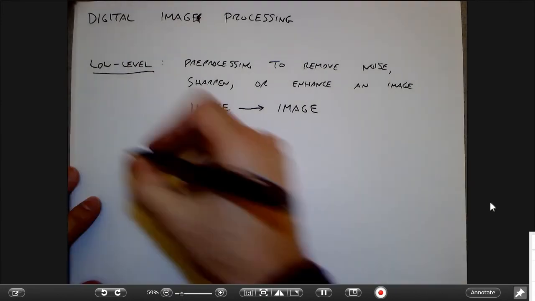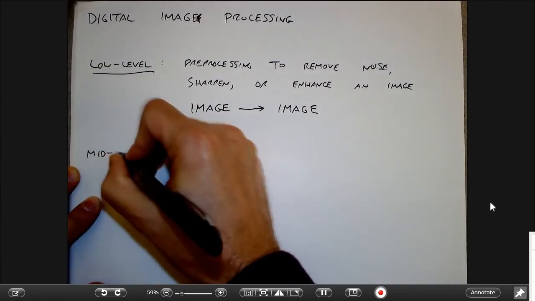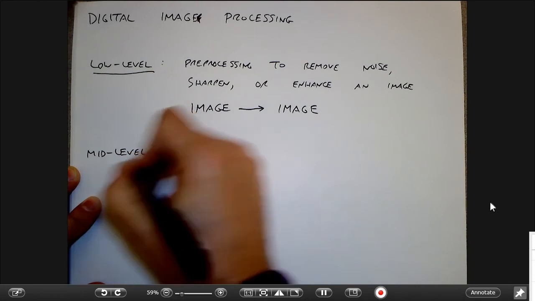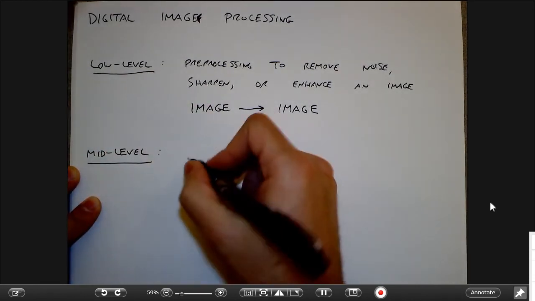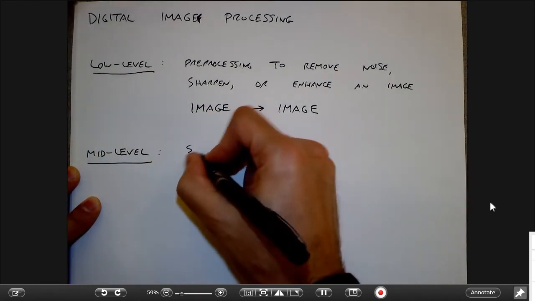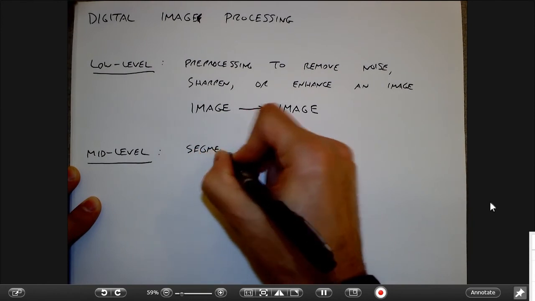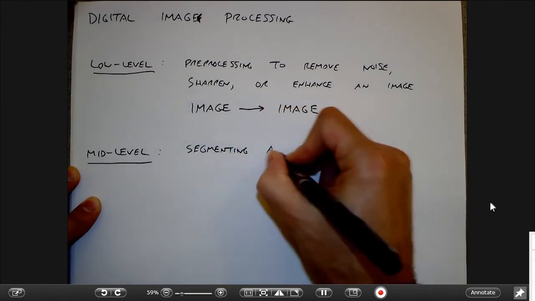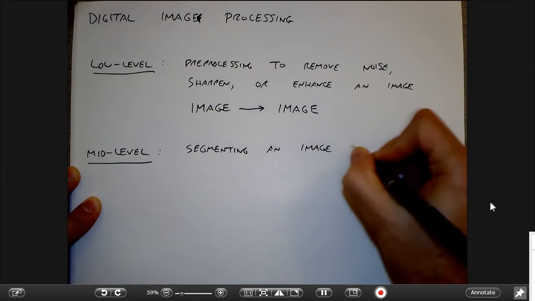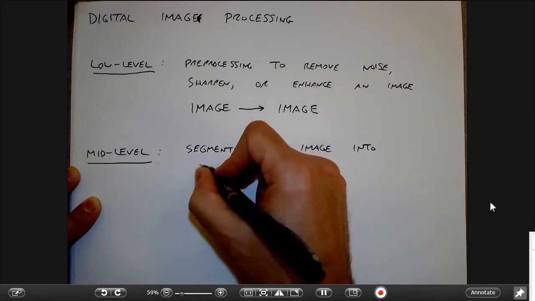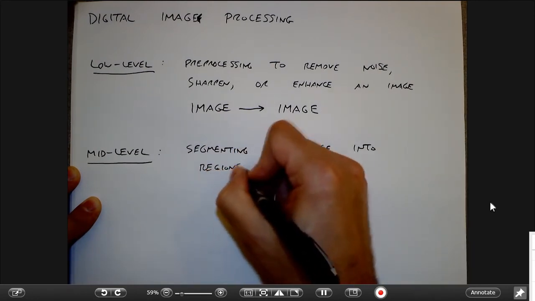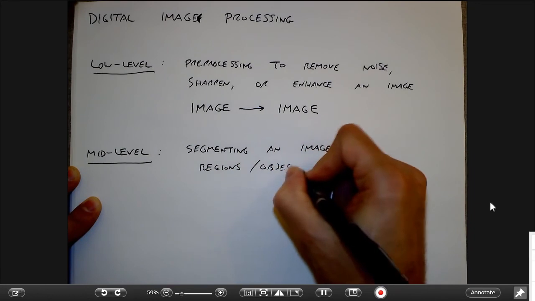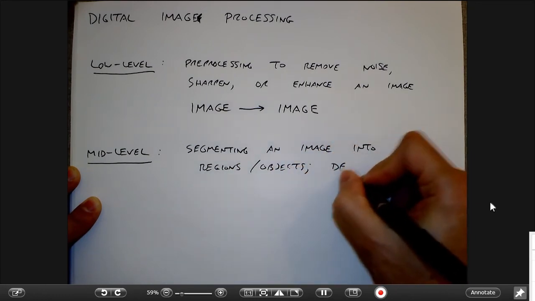And then I would say there are mid-level image processing problems. And so that's stuff like, for example, segmenting an image into regions or objects, describing an image concisely.